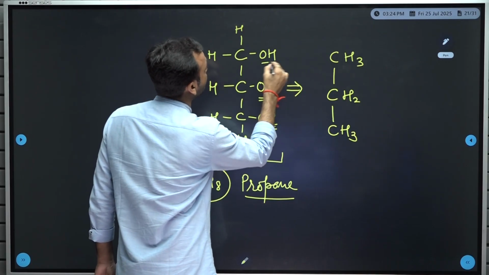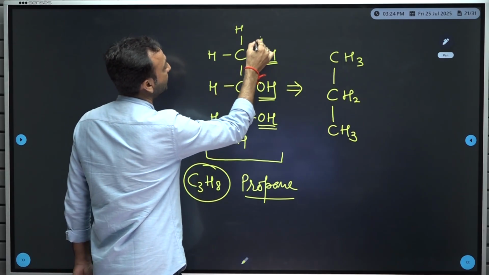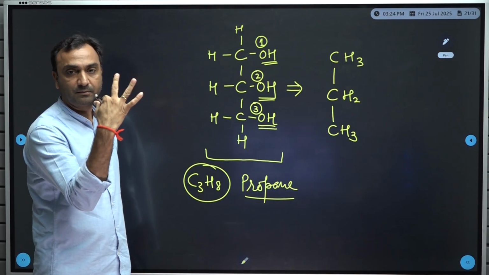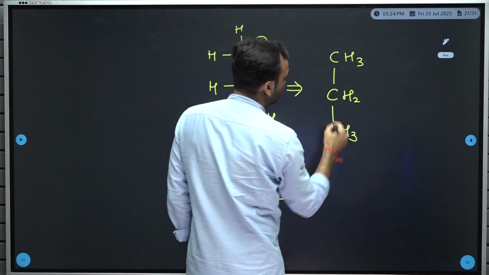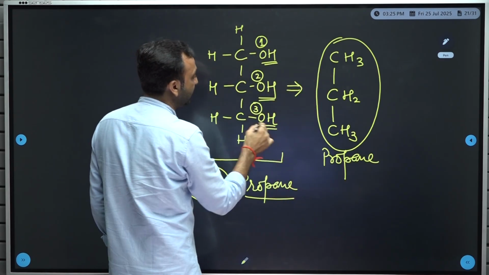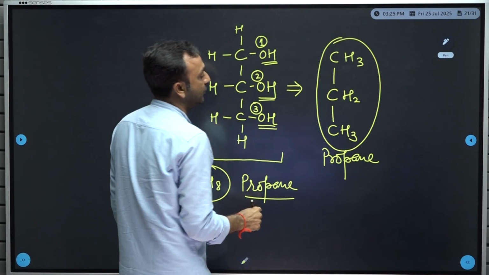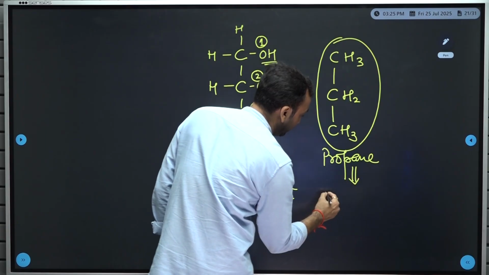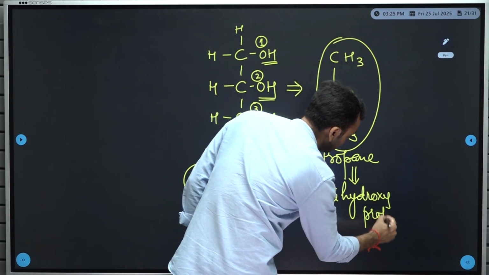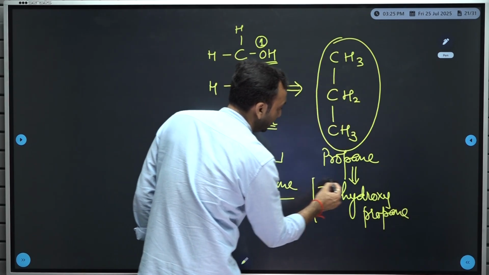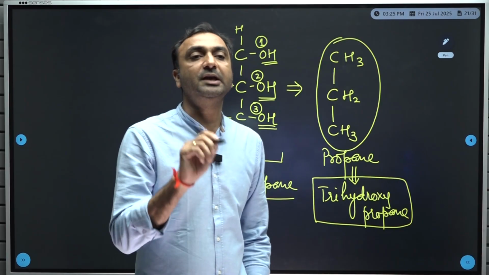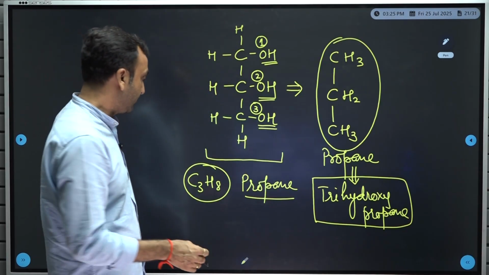That is the OH group: 1 OH, 2 OH, and 3 OH. I am adding 3 OH here. So this was previously propane, but now I have added 3 hydroxyl groups, so it is converted into trihydroxypropane. The chemical name of this molecule is trihydroxypropane. Fine.